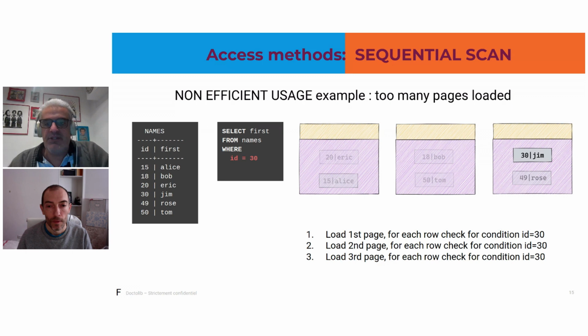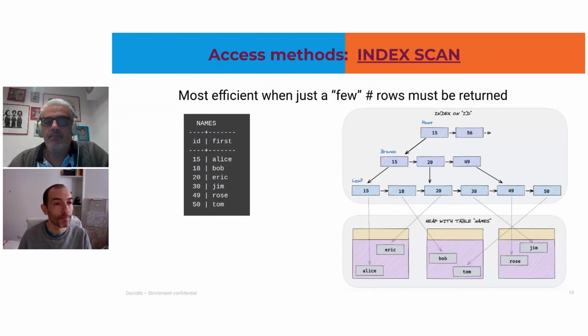This is not efficient, because Postgres will sequentially scan the first page, the second page, and the third page, and will return to the application just 1 row that is part of one of the pages. This is a waste of resources and a waste of time. This is why we have different kinds of access methods.